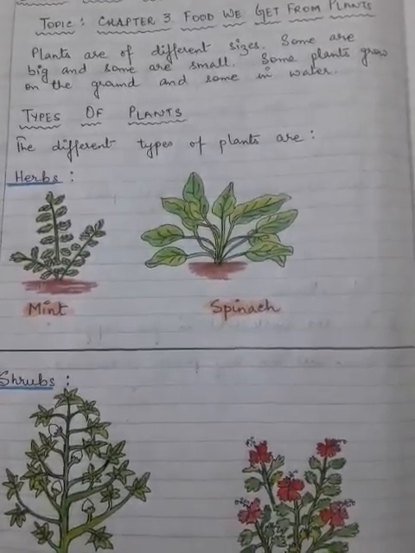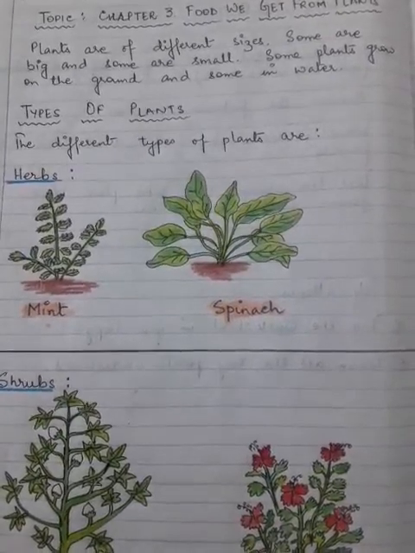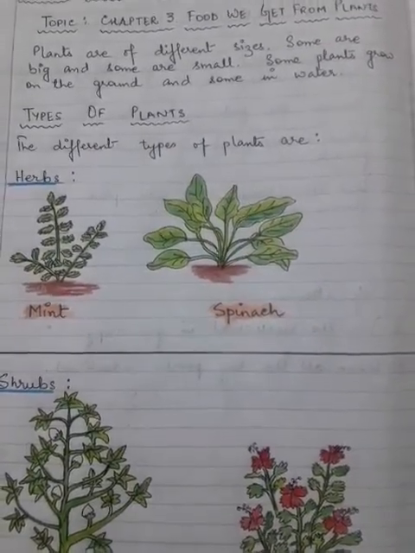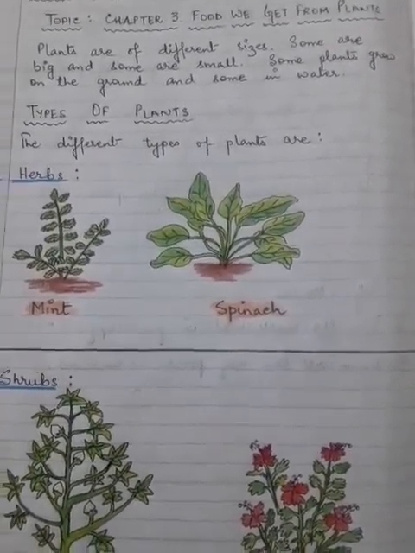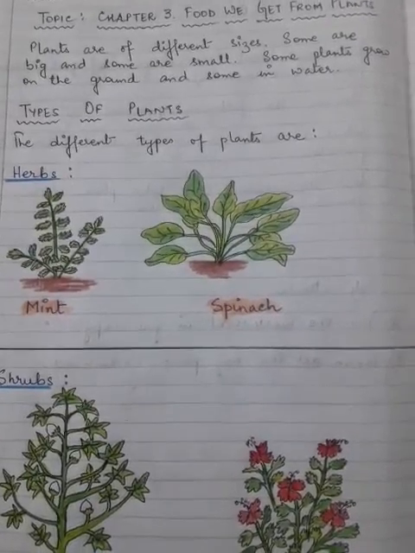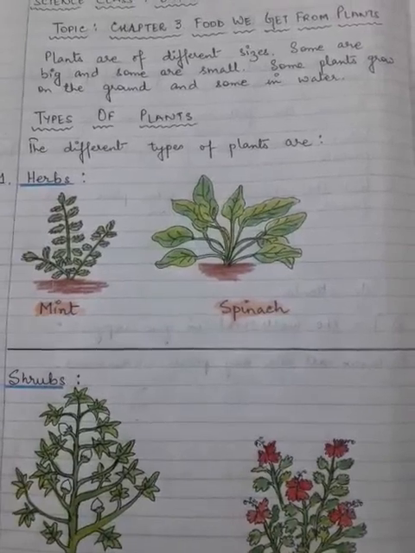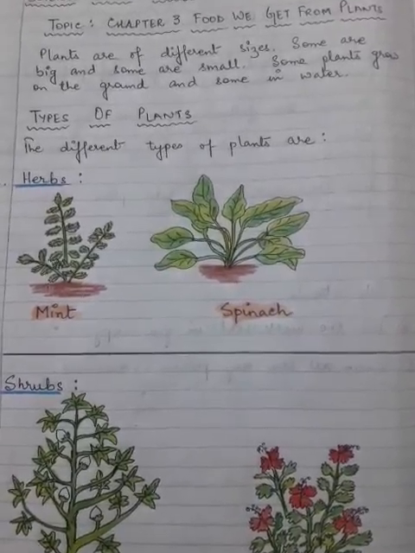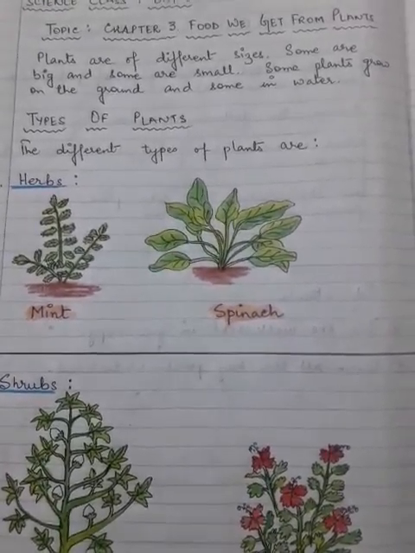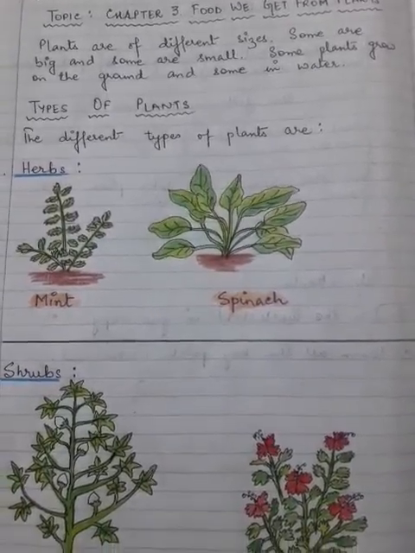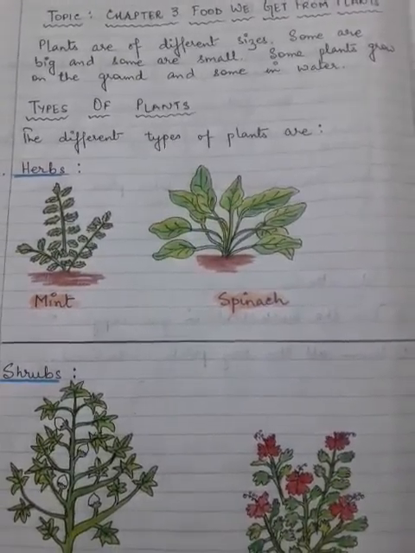Plants are of different sizes. Some are big and some are small. Some plants grow on the ground and some are in water. Clear? Before we start with the types of plants, we'll study the different parts of a plant first.